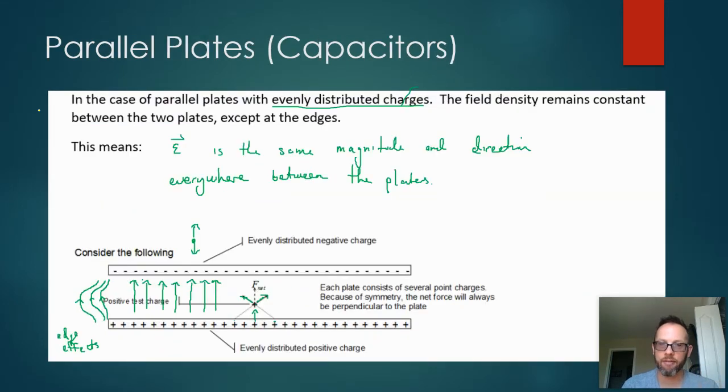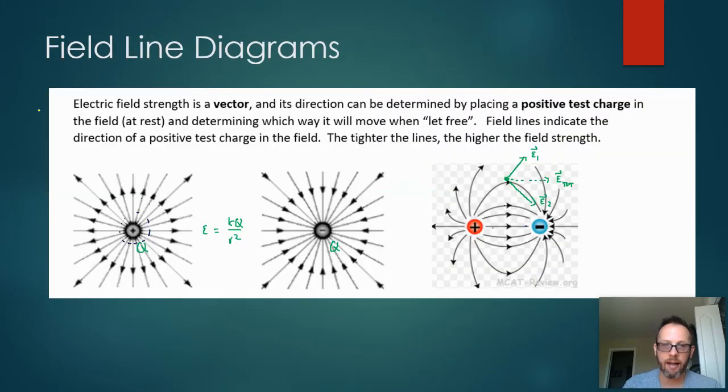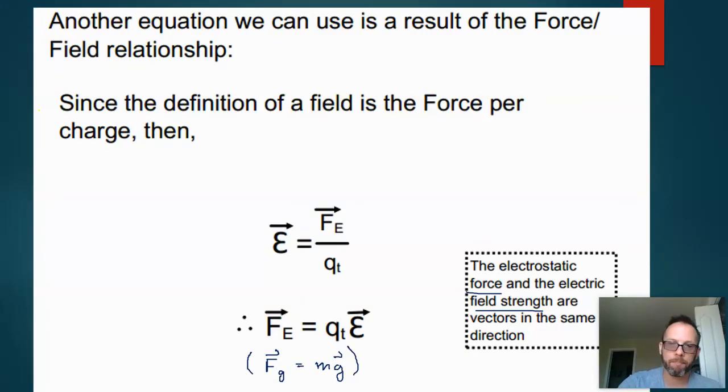And in that case, the electric field strength is not kq over r squared. It's just the same value everywhere between the two plates. And in those cases, we're going to calculate the electric field strength by using this formula.